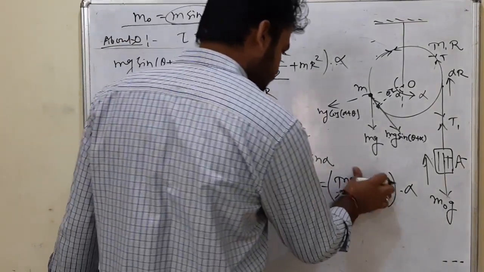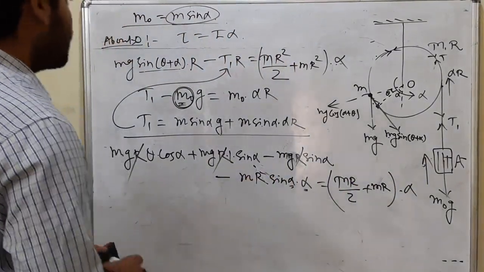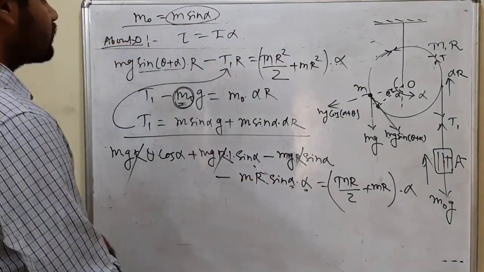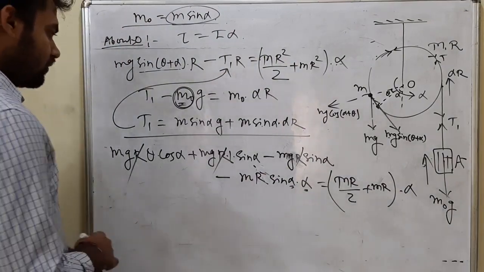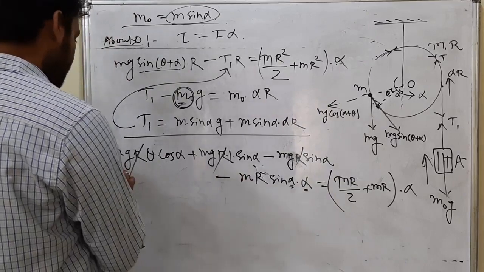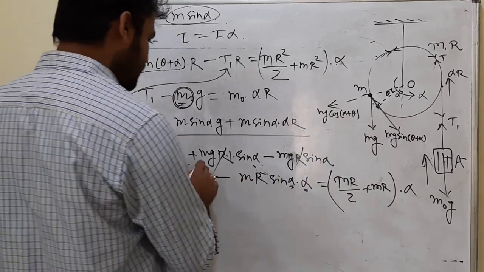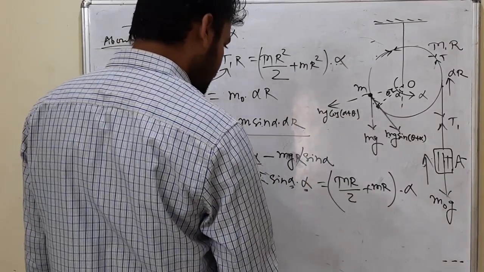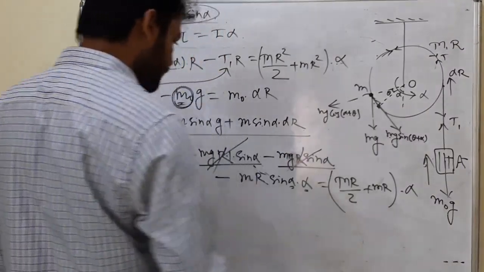Also, this is mg sin alpha, and this is again mg sin alpha. Yes, both terms will cancel out.